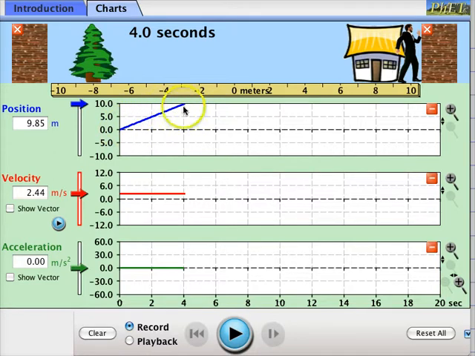Remember, the slope of the distance time graph is the speed. Now because this is a straight line, it's telling us that the speed is constant. We know it's constant, it's down here. On this graph, the speed time graph, we can see a horizontal line which is telling us that the speed is constant. And if the speed is constant, of course, the acceleration must be 0.